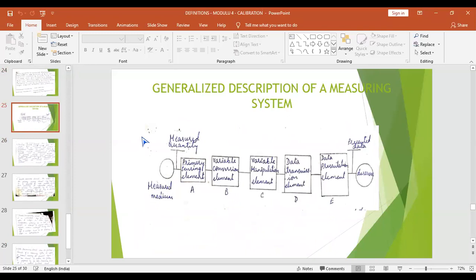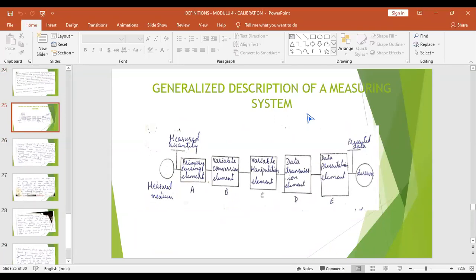In case of any type of measurement, for example, consider the measurement of strain using a strain indicator. You can use the Wheatstone bridge for the measurement of strain.